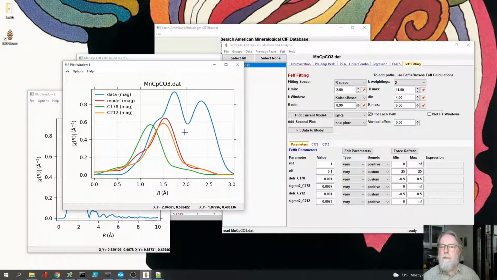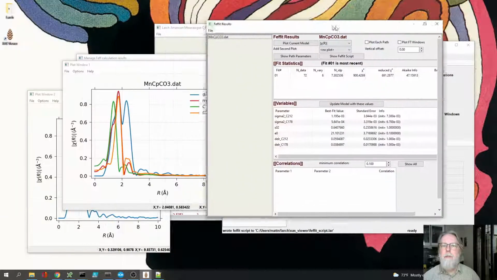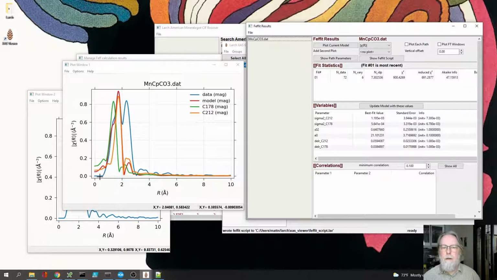So if we stopped at that dip at 2 angstroms, let's try that fit. Let's just see what we get with that. We're starting at 0.9. There's actually a fair amount of weight from those 2 paths at low R. But let's do a fit and see what we get. And we get a fit that is here.